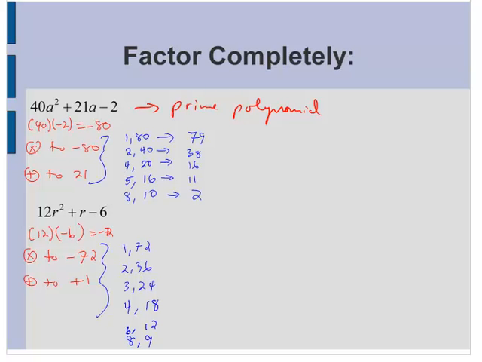And again, since we have different signs, we need a difference. And the only one that has a difference of 1 is 8 and 9. They have a difference of 1. And getting the signs right, I would need a negative 8 and a positive 9. Alright, so rewriting the polynomial, breaking up the middle term, I'd have 12r squared minus 8r plus 9r minus 6.